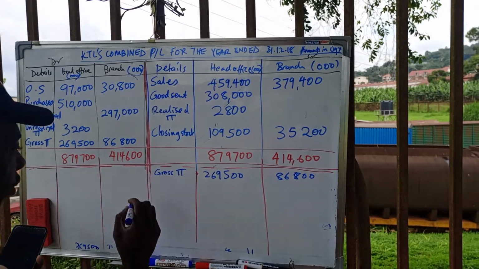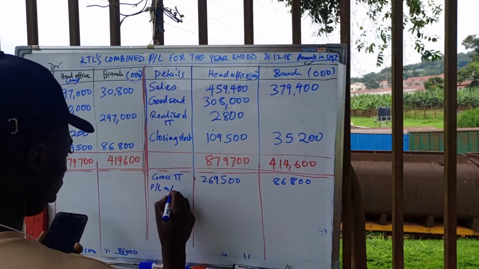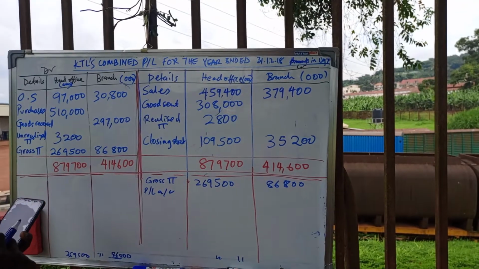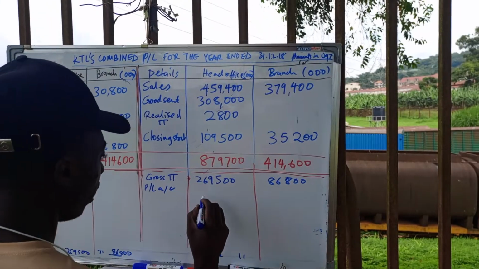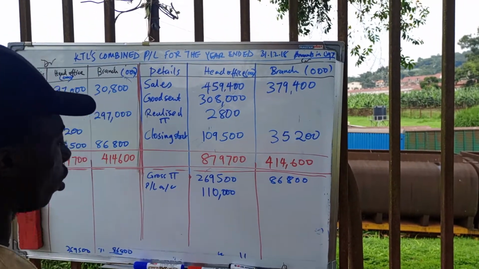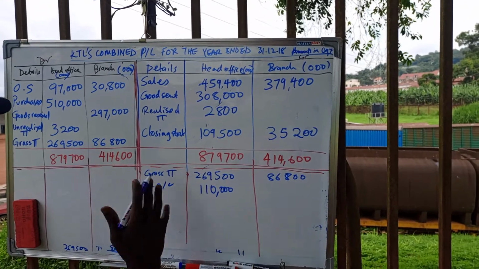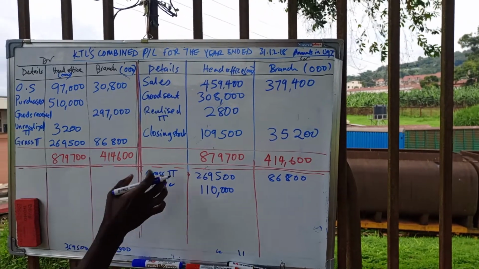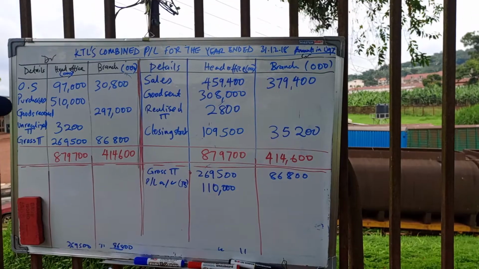The total of that profit is 110 million. So I add it, 110 million. On the gross profit figure, when you add on other incomes and then less operating expenses, you can now reach your net profit. So on this gross profit, I've added other incomes, which you got from the trial balance.